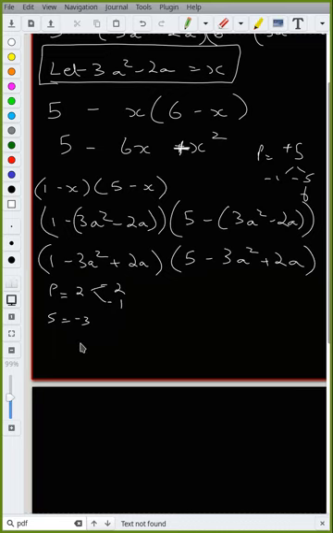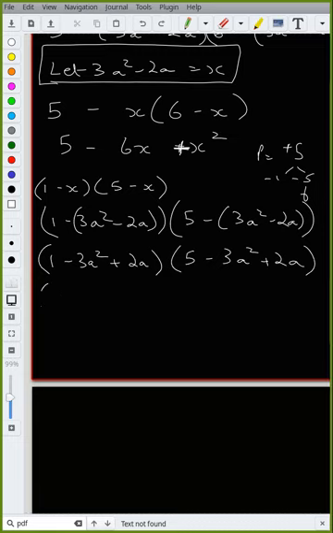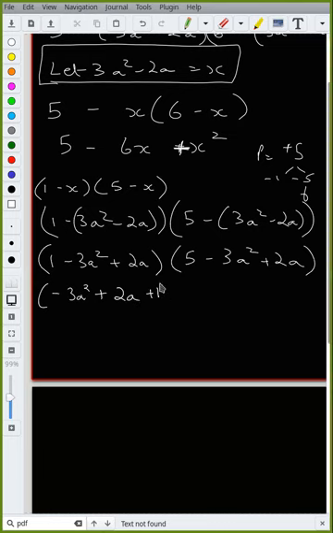Sir, I think we will rearrange it, right? Like minus 3a squared plus 2a plus 1. My brain's not working today. Aryan, that is correct. So this is minus 3a squared plus 2a plus 1, right?